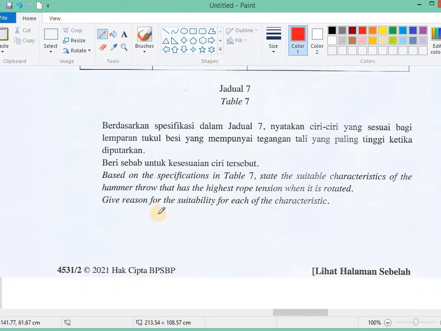Based on the specification, state the suitable characteristic of the hammer throw that has the highest rope tension when it is rotated. Give reason for the suitability for each of the characteristic.